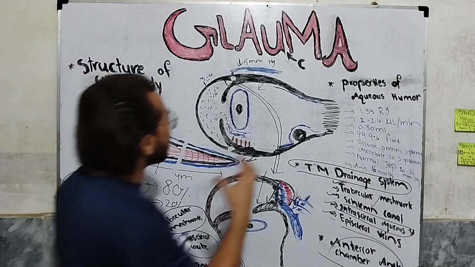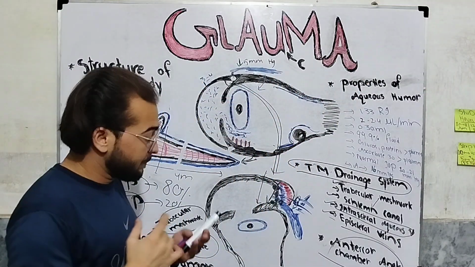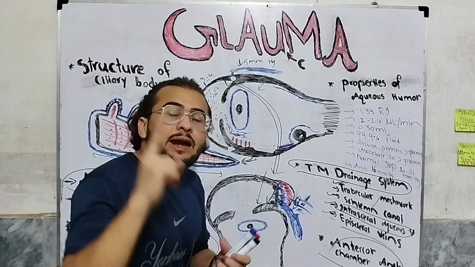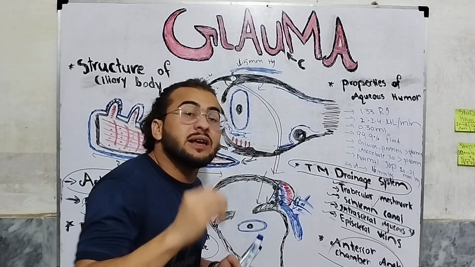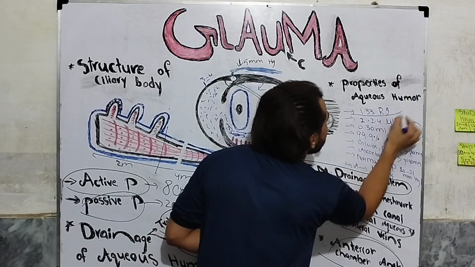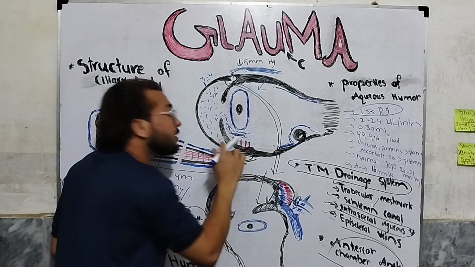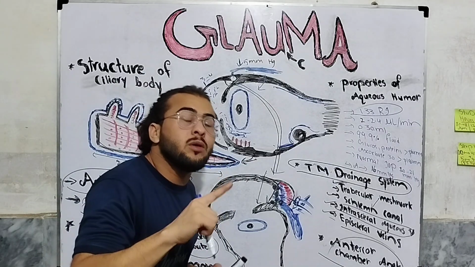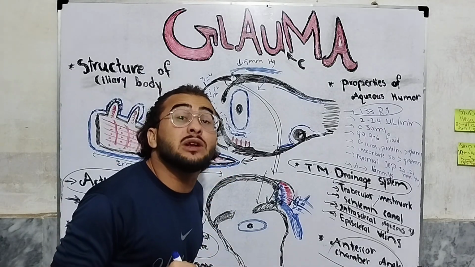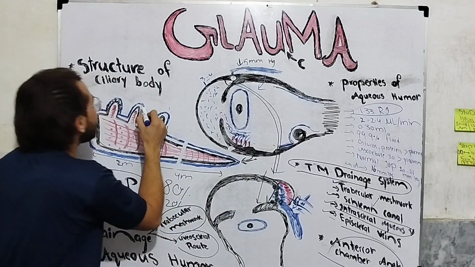Now, lastly, we should know the properties of the aqueous humor. Aqueous humor has a refractive index of about 1.33, and its production is about 2 to 2.4 microliter per minute from these ciliary processes.